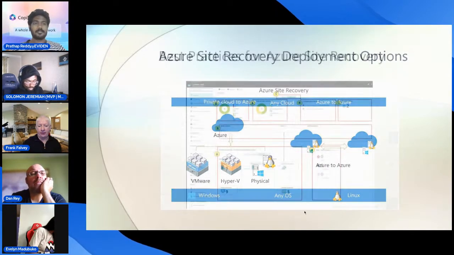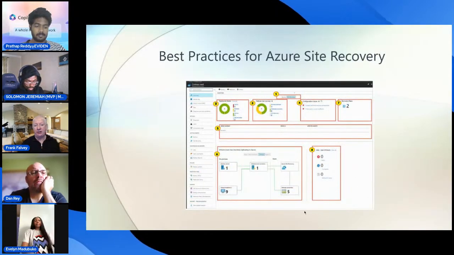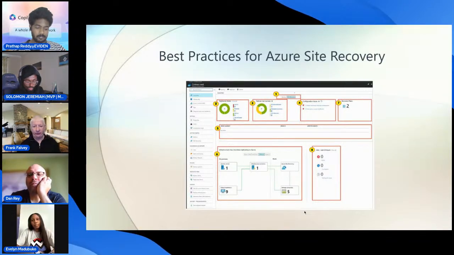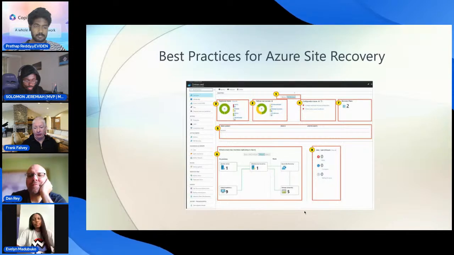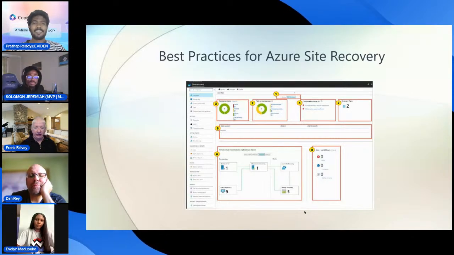Just moving on, these are best practices for Azure Site Recovery. You need to be testing your failover, so you have to replicate your stuff, fail it over, fail it back, and make sure everything is working. Don't take it for granted, practice it all the time.